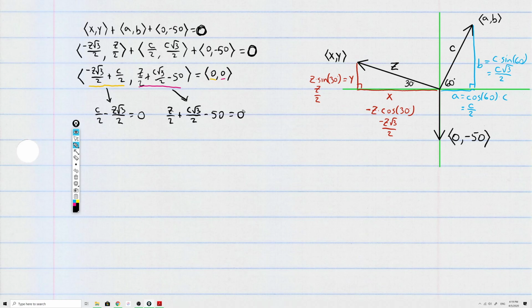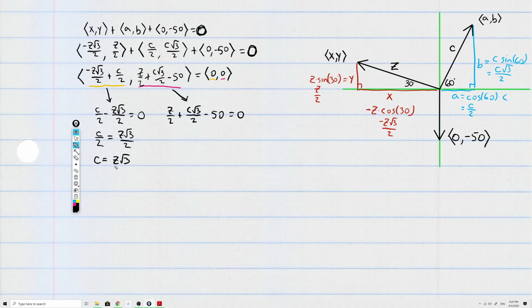I think it makes more sense to solve this using the substitution method. This equation on the left, it's pretty easy to get c by itself. So c over 2 equals z square root 3 over 2. And if you multiply by 2 on both sides, you get c equals z root 3.